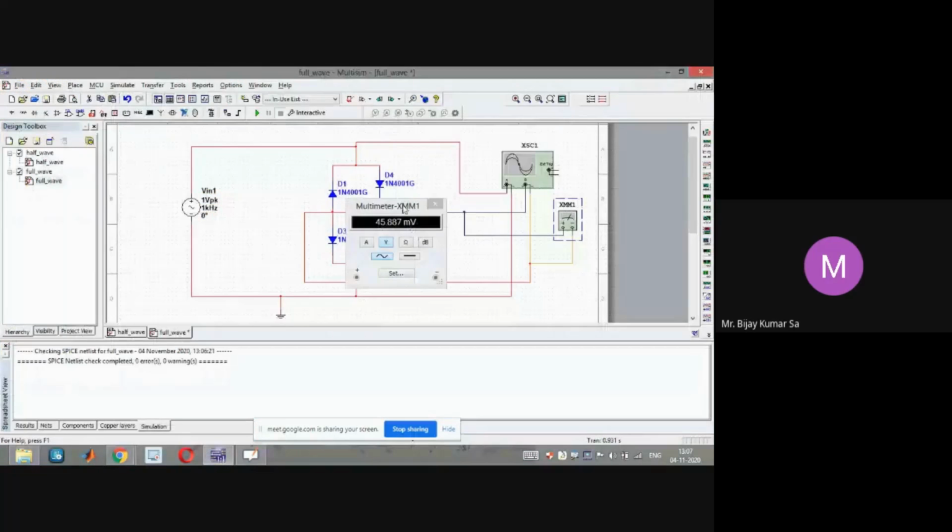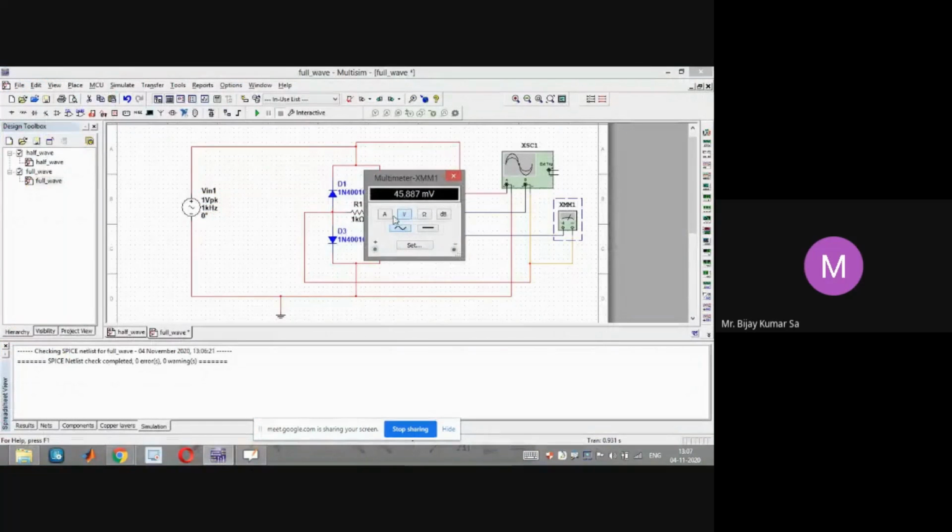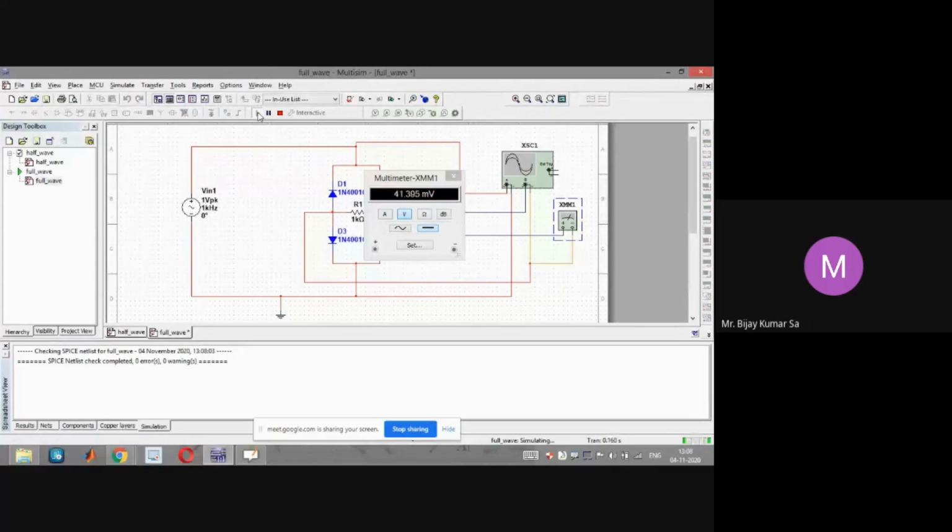What about VDC? For VDC, I have to select voltage and DC mode, and then run the simulation again.